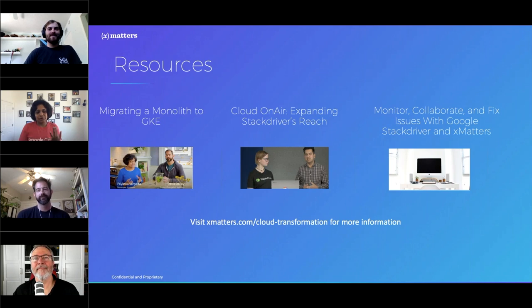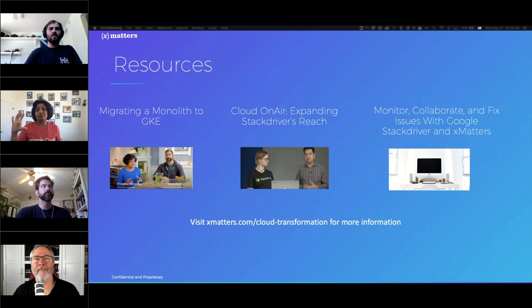So that would be a great resource. Some of the other resources that I have, if they're not listed here, I have a series on the Google Cloud YouTube channel called Get Cooking in Cloud, where we have five-part episodes of how you actually migrate a monolith into microservices and at the same time move it into cloud.